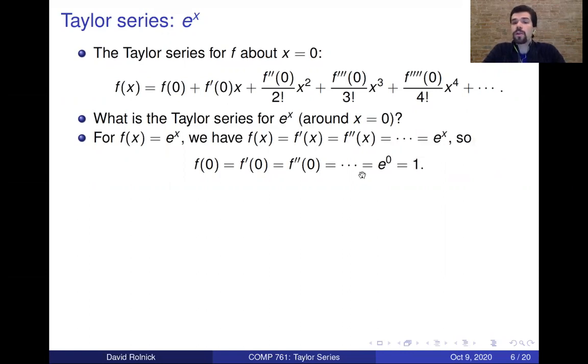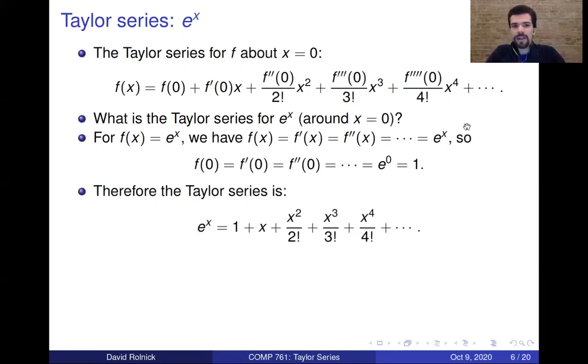So evaluated at 0, all of the derivatives are 1, which is cool. This is the only function for which that's the case. And in fact, the Taylor series is the proof of that. So we just plug these in, and we get the Taylor series is this: 1 plus x plus x squared over 2 factorial plus x cubed over 3 factorial plus x fourth over 4 factorial.